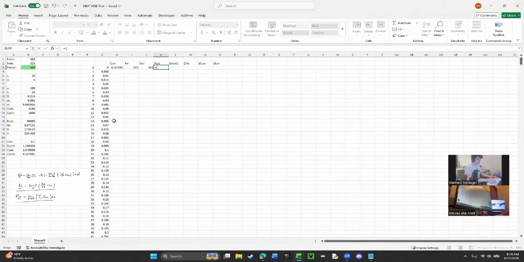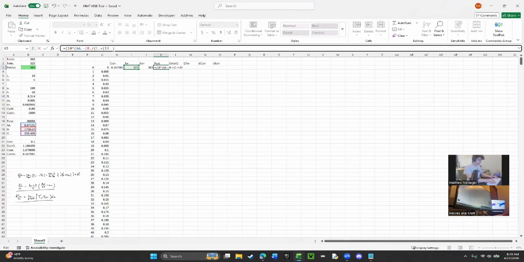This is going to be 10 to the power of A minus B divided by C plus the temperature of the water coming in minus 273.